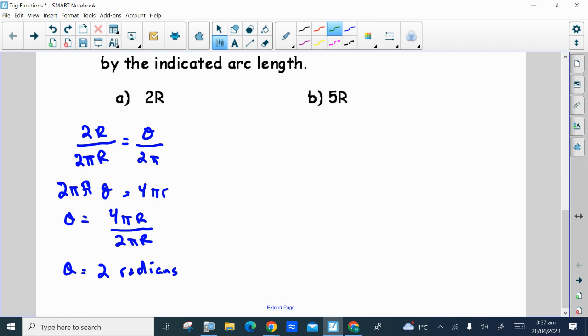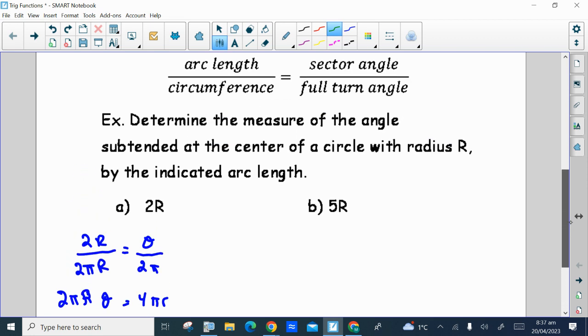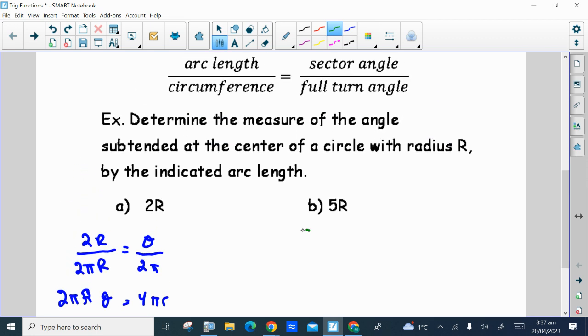This next one, what if the arc length is 5 times the radius? So again, if we use that relationship from above, that the arc length, which in this case is 5 times the radius, over the circumference, which again is 2 pi r, that must equal theta over the full turn angle, which again is 2 pi radians.